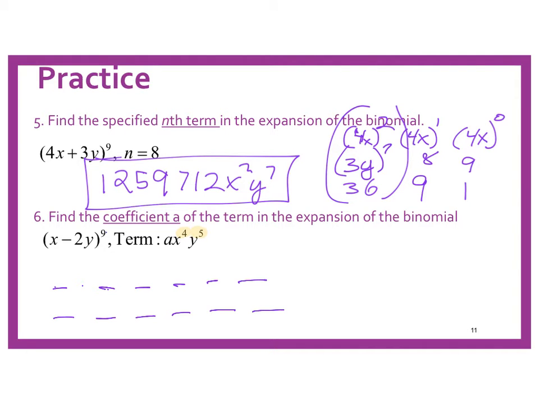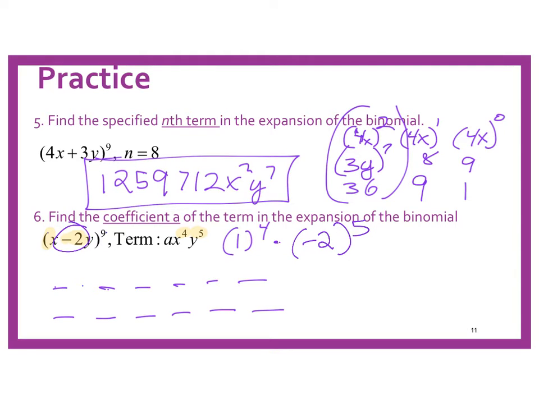So I know right off I'm going to have a 1 to the 4, right? Because there's a 1 right here. And then I have a -2, so I'm going to have a -2 to the 5.